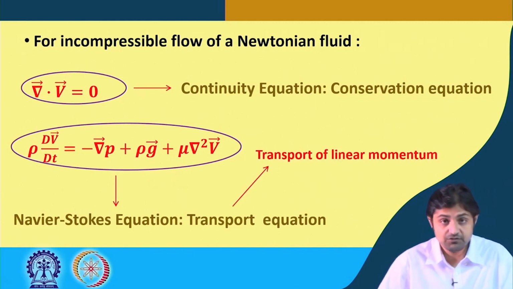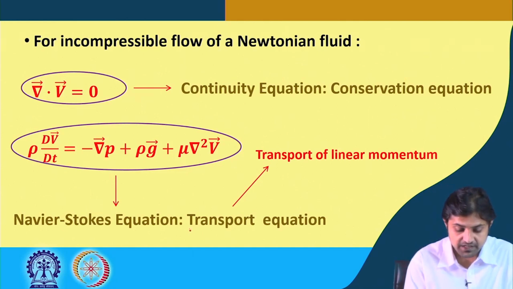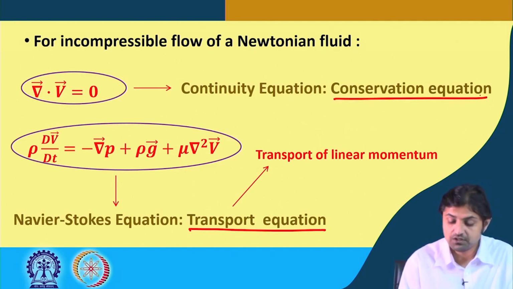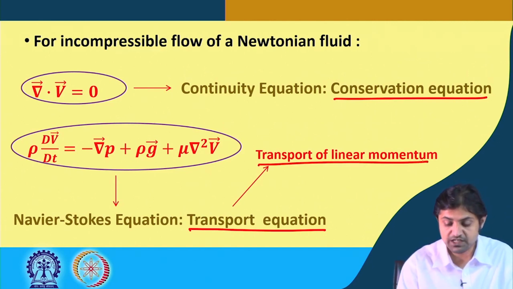So as I said, the Navier-Stokes equation can be classified as a transport equation, and the continuity equation can be classified as a conservation equation. So this transport equation transports what? It is a transport of linear momentum.